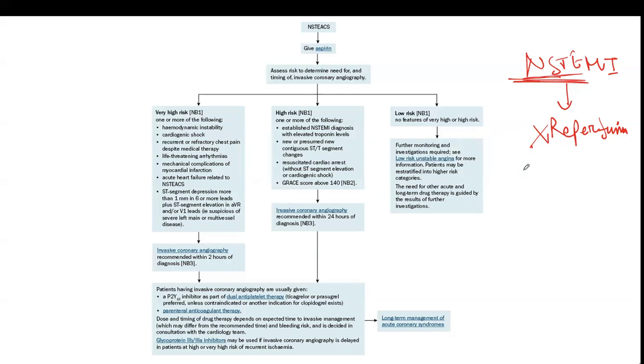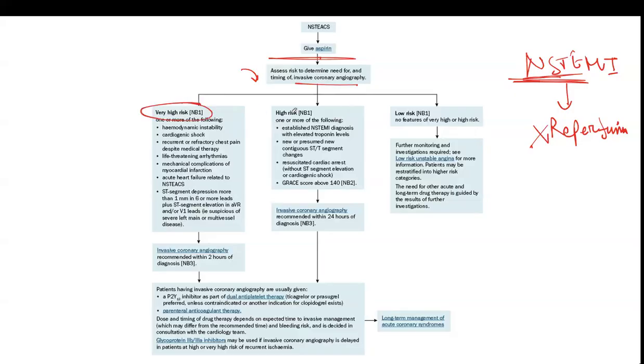Because the only time reperfusion is needed is when it is fully blocked, because they need to open up that artery. So let's see if it is a non-ST elevated MI patient. Your first treatment is still aspirin. And then you determine when and if they need a coronary angiogram.